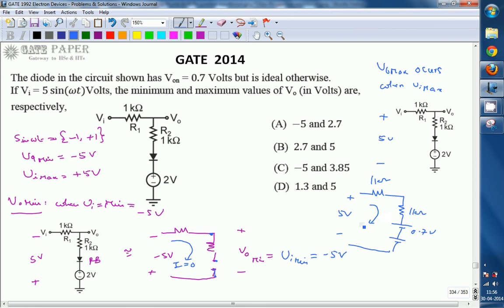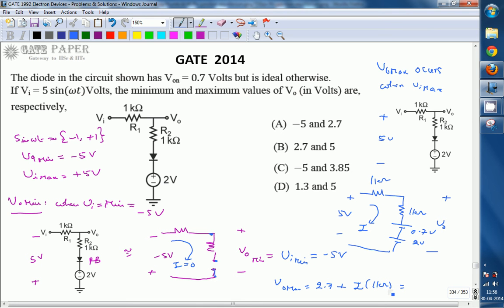The current flowing through this is, assume, I. V0 is the voltage from this point to this point. So we can write V0 maximum is equal to 2 volts plus 0.7, which is 2.7, plus I multiplied by the 1 kilo ohm.